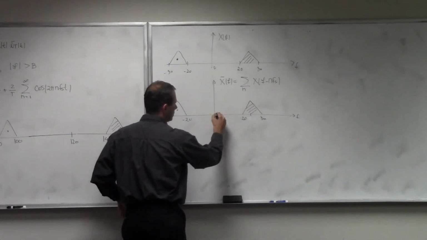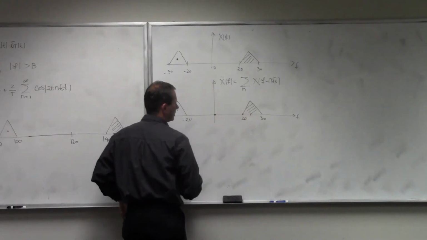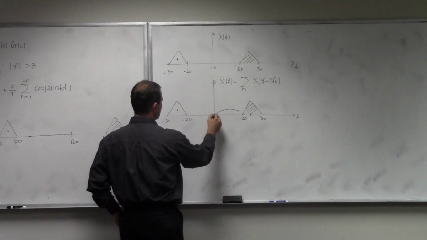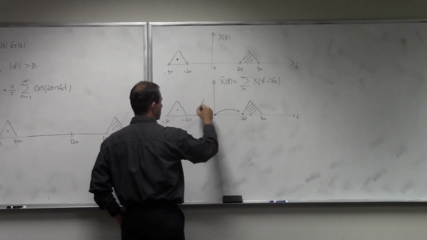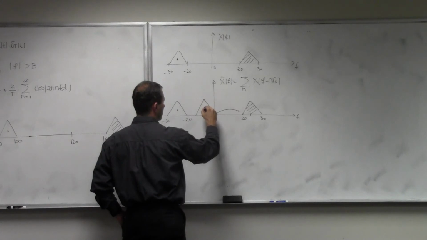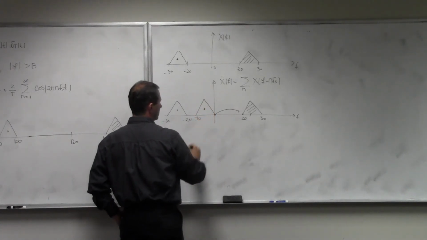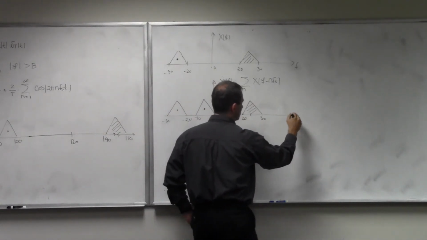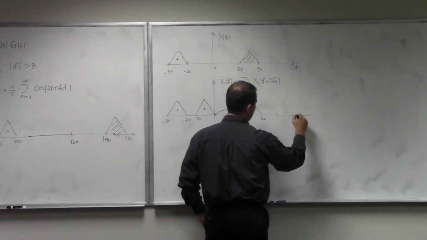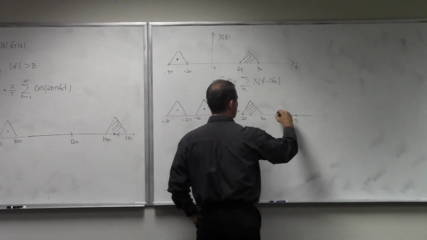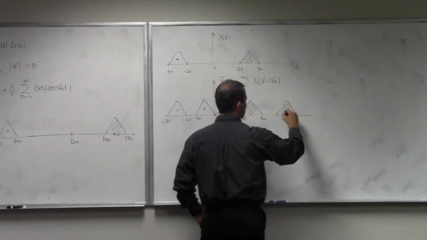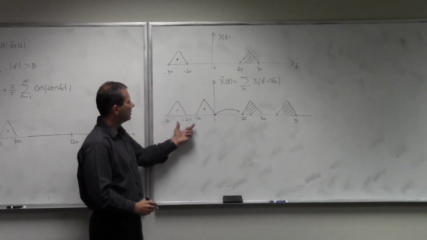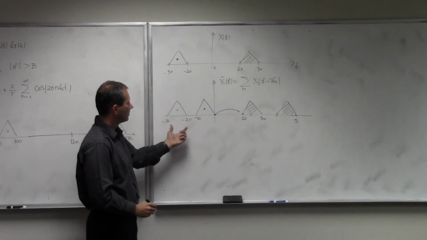So now this 0 moves to 20, okay? This minus 20 moves to 0. So I have a signal that looks like this. This is my minus 10, right? And then this 30 moves to 40, 50, right? So that's my signal. This is the second. Then I delay everything by 20 again.